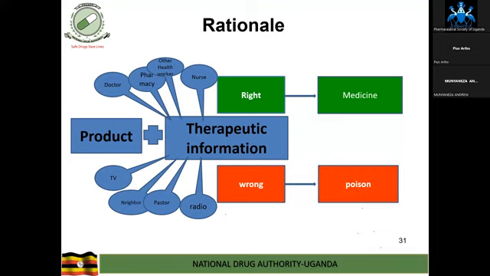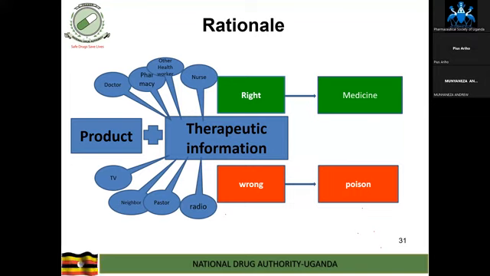Then the other one, adverts going to the public, will be vetted to ensure that the information going to the public is good enough and can help the public make rational decisions about the drugs. So that is the rationale as to why NDA has to regulate what is happening in advertising.